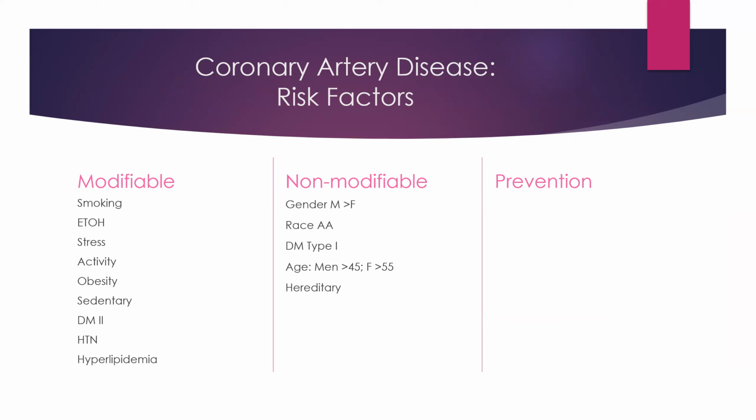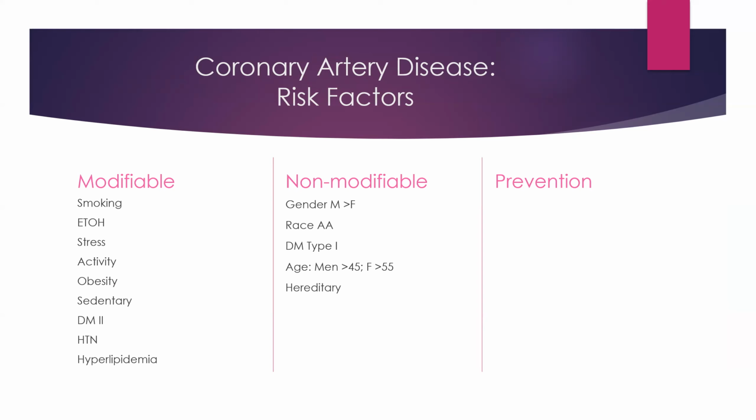So if we think about our prevention for coronary artery disease, we're going to tailor our interventions on teaching our patients and helping them to learn how to prevent these modifiable risk factors. So, for example, if hyperlipidemia is a modifiable risk factor, think about how we can control cholesterol.